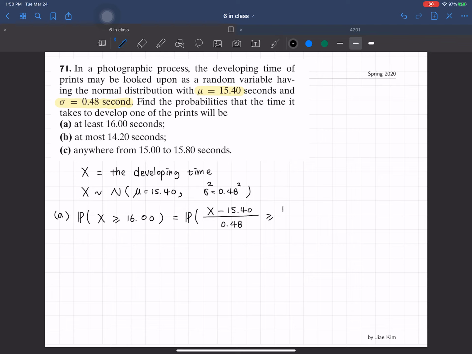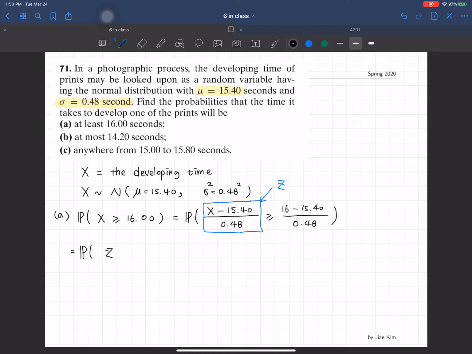The point of doing this is that once we transform that way, we know this follows the standard normal distribution.